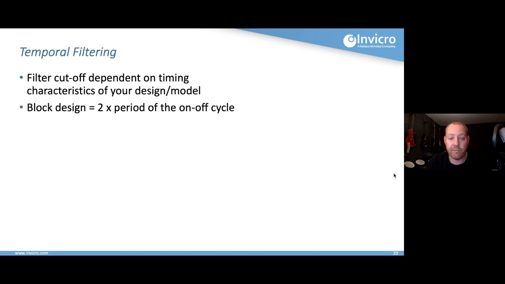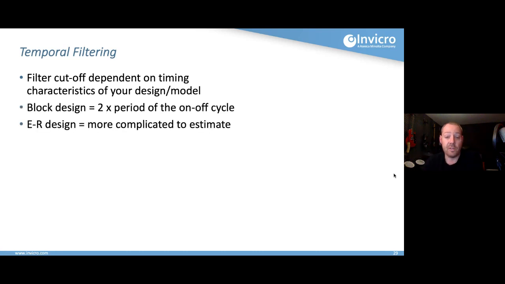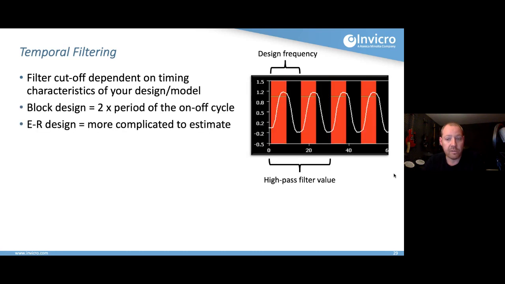But you have to decide what filter cutoff to use, so how much to filter your data. And the general rule of thumb is that it depends on your experimental design. I'm going to talk a bit more about experimental designs in a moment, but imagine a simple design here where you have a stimulus in red and then a no stimulus in black, and it's 10 seconds on, 10 seconds off.